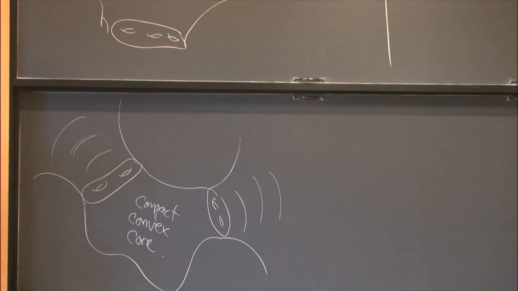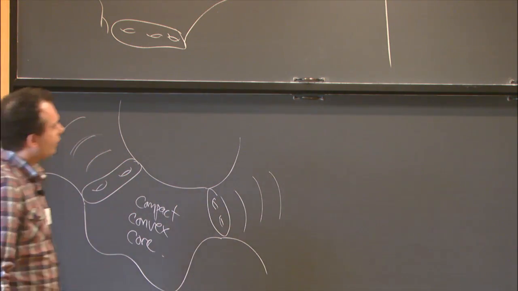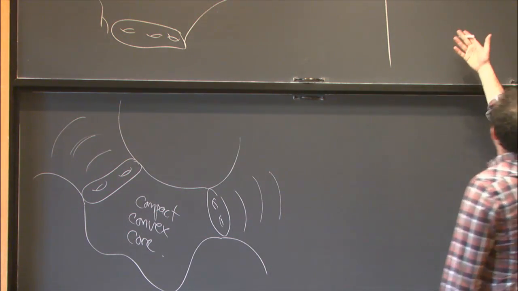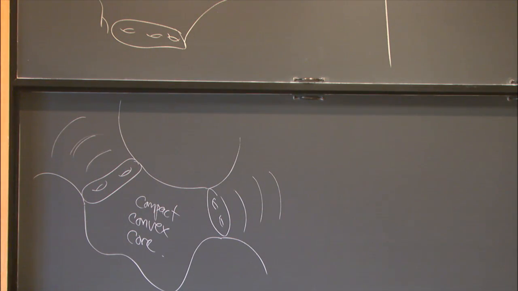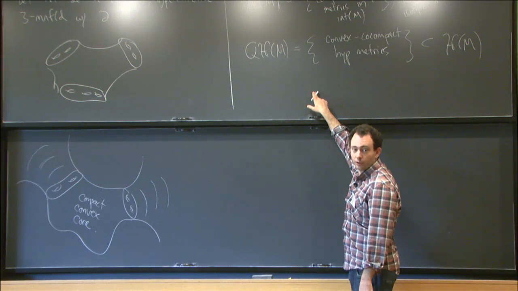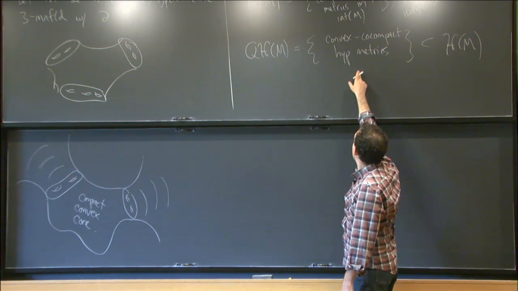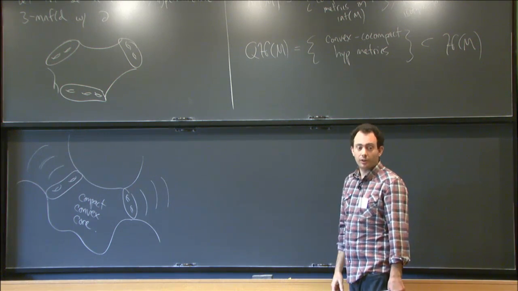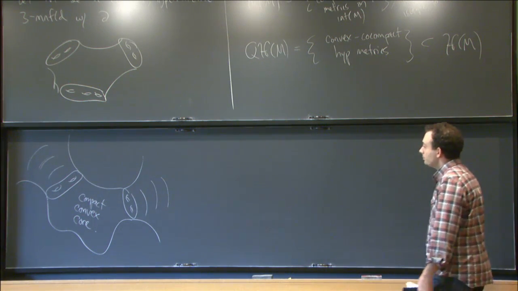And so why Q instead of C or something? Well, in the case that M is a surface cross an interval, this is what's called quasi-Fuchsian space, and the Q comes from that.